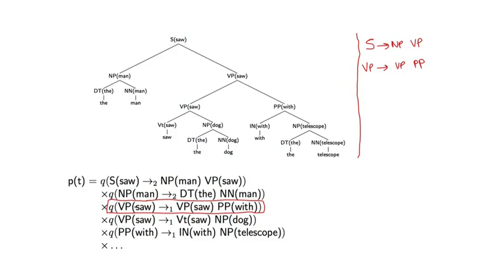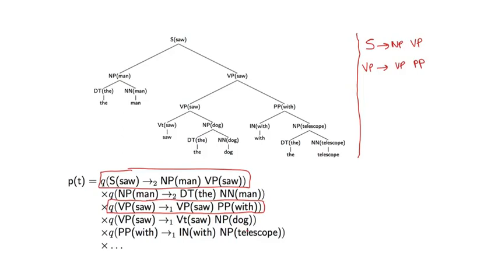That's basically what this rule is saying. As another example, at the top of the tree, we now have the probability of saw being associated with man in this grammatical relationship where man is basically the subject of saw, and so on through the tree. So you can see how the parameters of our model now have direct access to important lexical information.